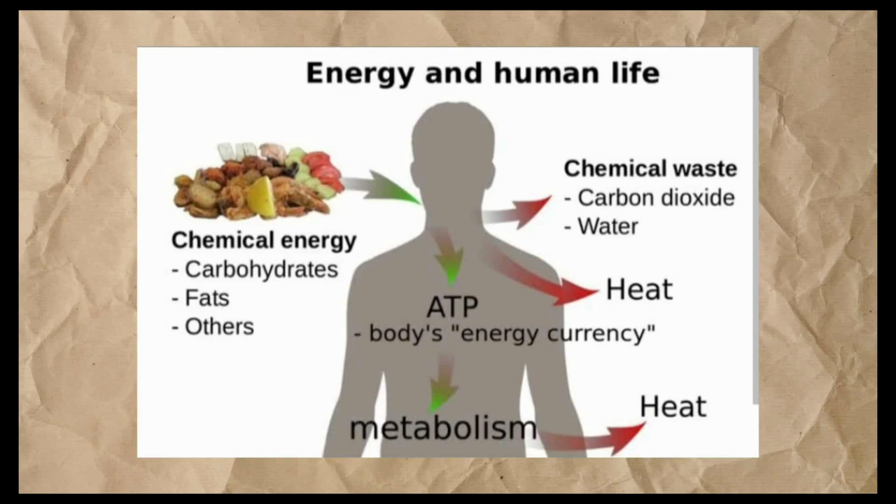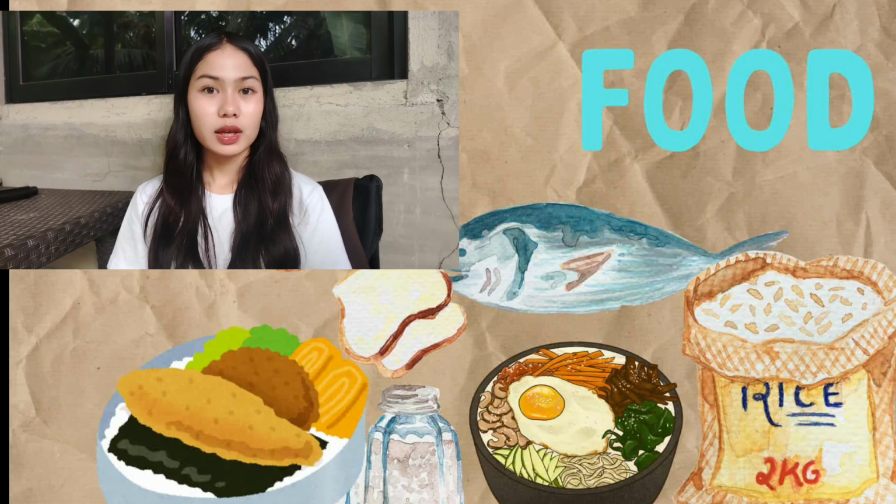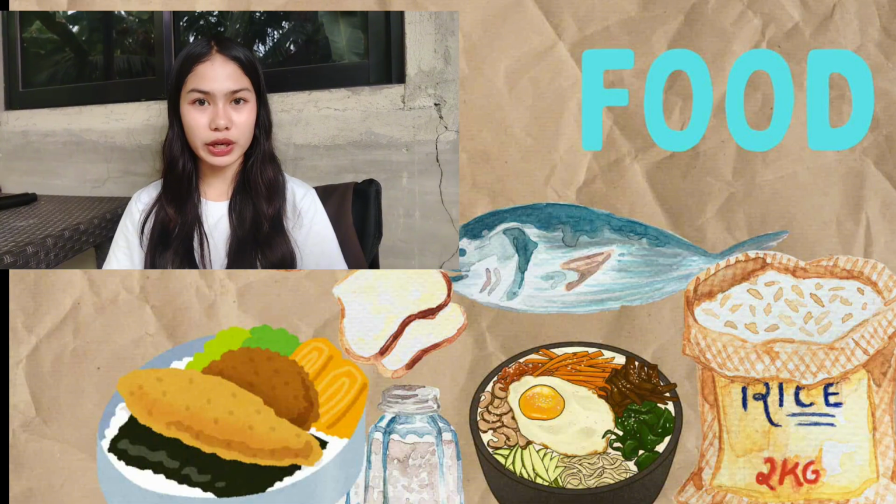During metabolism, energy is released and stored in a special molecule called ATP, or adenosine triphosphate. This is known as the body's energy currency. The ATP gives our cells the power to move, grow, and function. As a result of this process, heat is produced to maintain our body's temperature, and chemical waste like carbon dioxide and water are released.